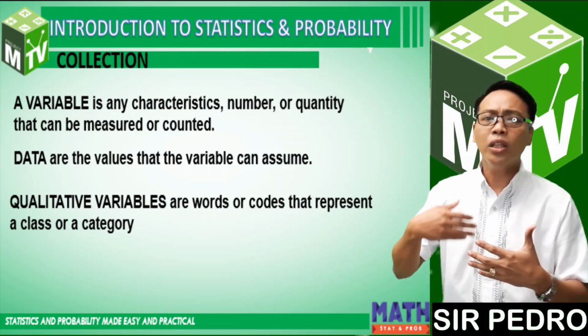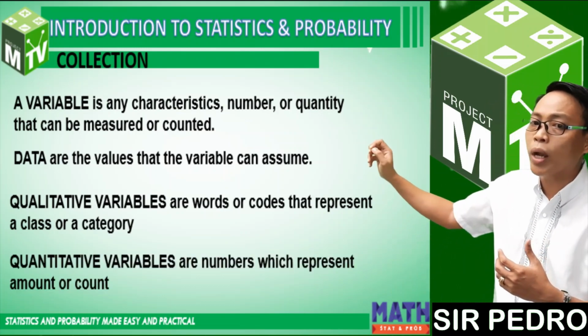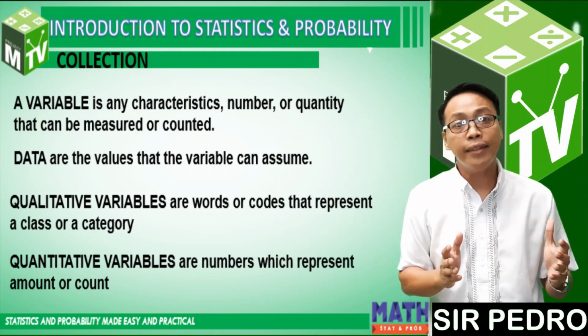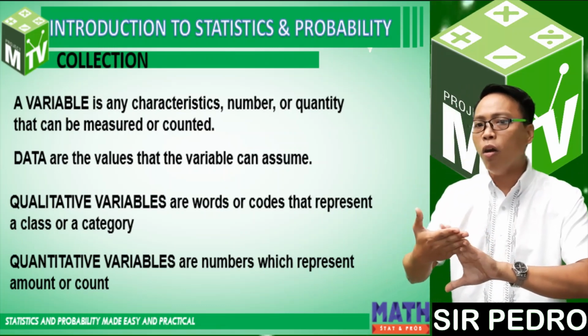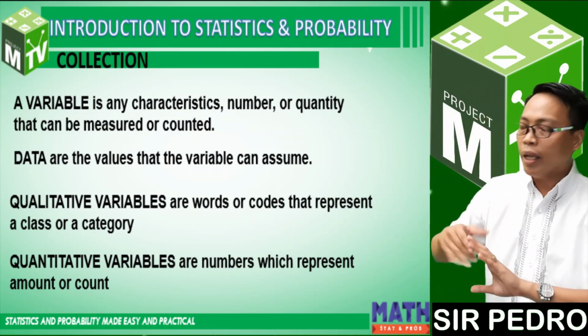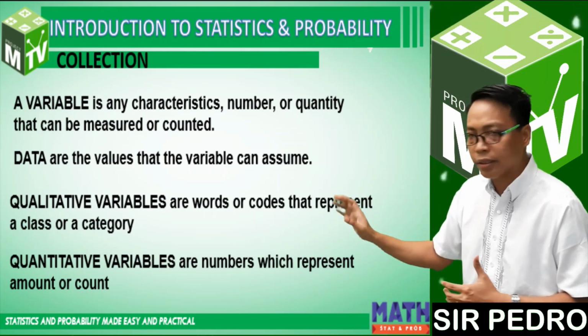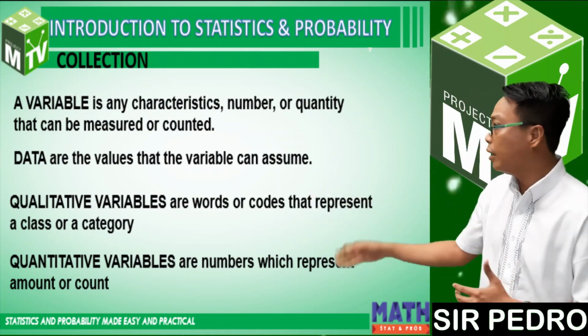Okay? We also have quantitative variables. Quantitative variables are numbers which represent amount or count. So when you talk of measurement, you talk of quantitative variables. Age. Unit of measurement for age is years. Weight. Unit of measurement for weight is kilogram. Height.